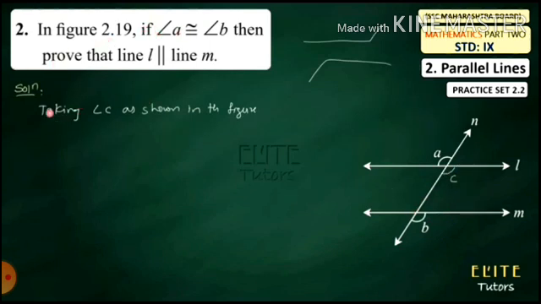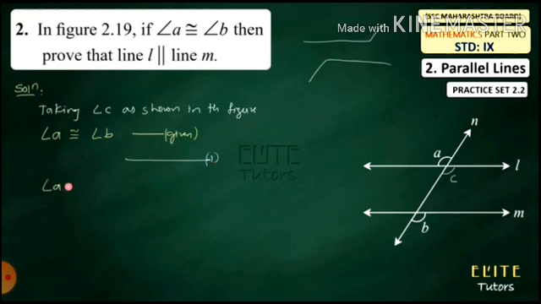So we will take one by one. Angle A is congruent to angle B, which is given in the question. We will take this as 1.